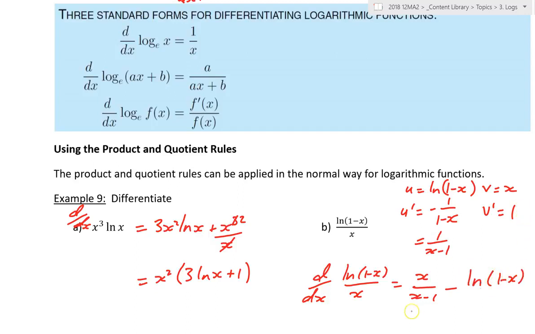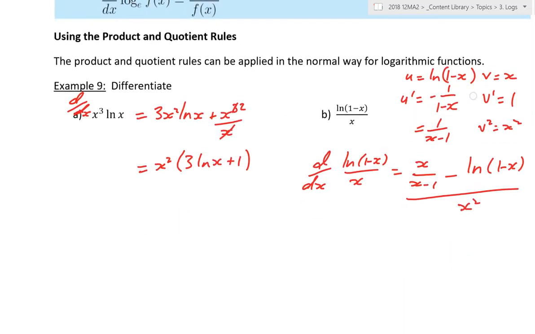All good. All over v squared, which is x squared. Now, can we tidy that up a little bit more? No, look, I think that's probably pretty good. I'm not thrilled by it, but I don't think it gets too much better. Okay, it's going to do us.